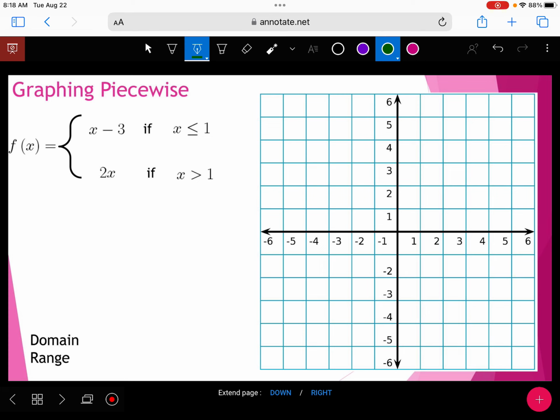So what this means, remember this, guys, is y equals this when x is less than or equal to 1, and y equals this if x is greater than 1. Literally, it's two different equations over different pieces of the domain.